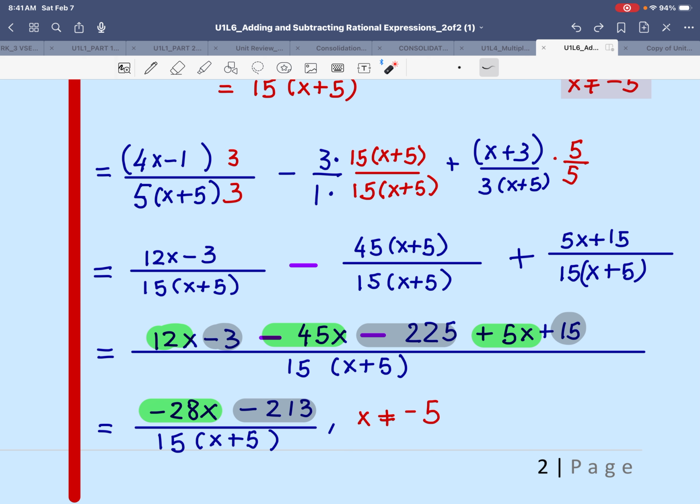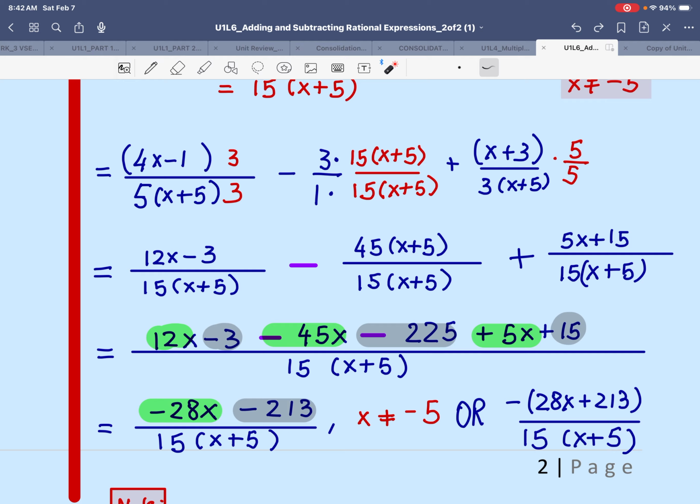So you can either state the final answer as negative 28x minus 213 over 15x plus 5, comma, the restriction, or we can take out the negative 1 and then rewrite this as negative 28x plus 213 divided by 15x plus 5 and then state the restriction. So I would accept both answers as correct. So this is sort of in standard form. This is more factored form. It's just a negative 1.